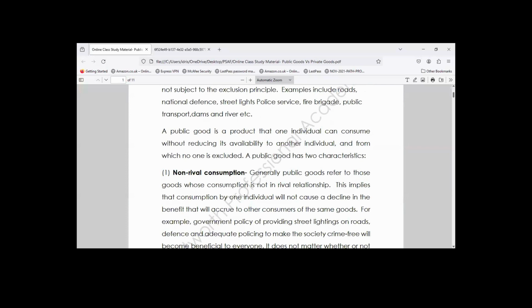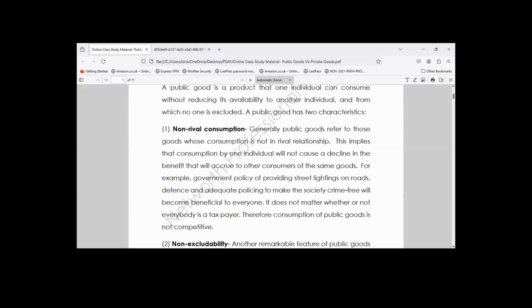Let's look at features or characteristics of public good. Number one characteristic of public good is non-rival in consumption. There is no rival in consuming public good. This implies that consumption of that public good by one individual will not cause declined benefit to another consumer.